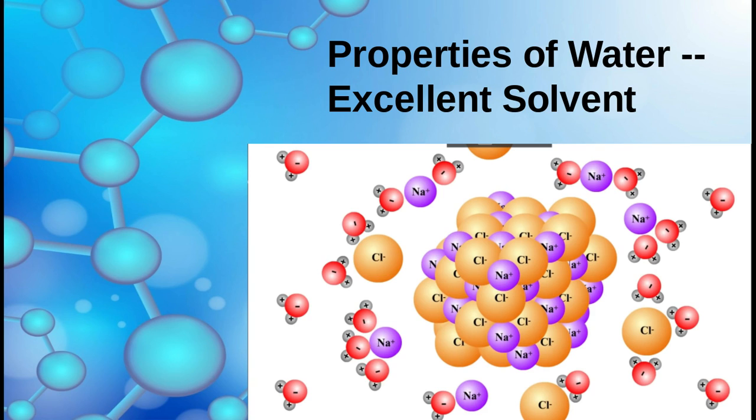Well, because they have this plus and minus charge, it's easy for water to pick them apart. So you're going to notice, like right here, the partial negative oxygen kind of grabs onto that sodium. So does that one. And it kind of pulls them away.